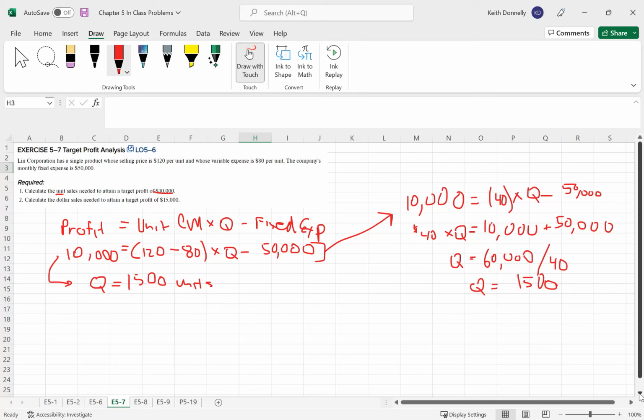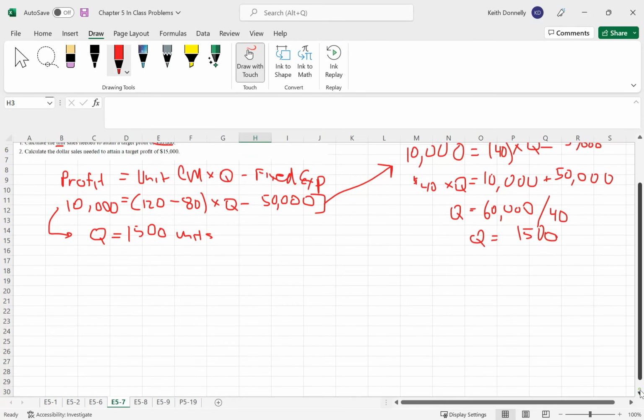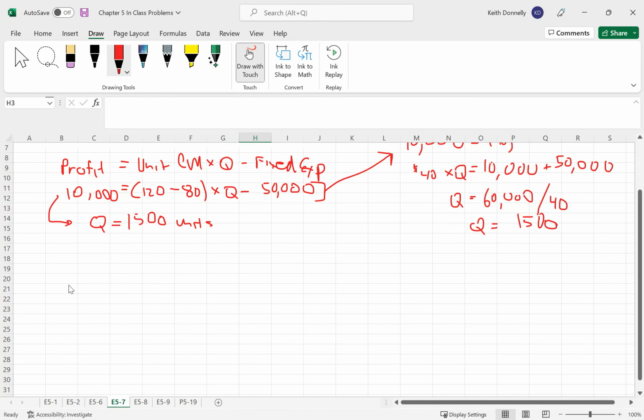In any event, right, the 2 here, it says, can you calculate the dollar sales needed to attain a target profit of 15,000? Okay, so we're just going to do the equation again, right? 15,000 equals 120 minus 80 times Q minus 50,000.